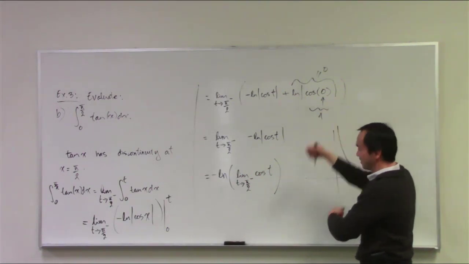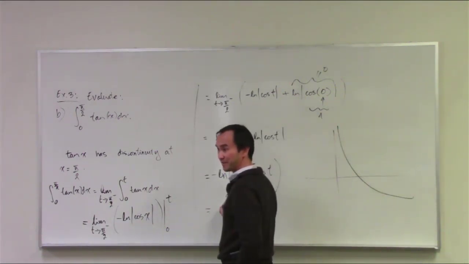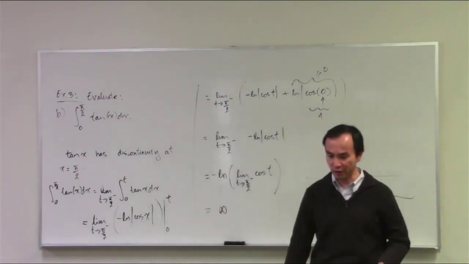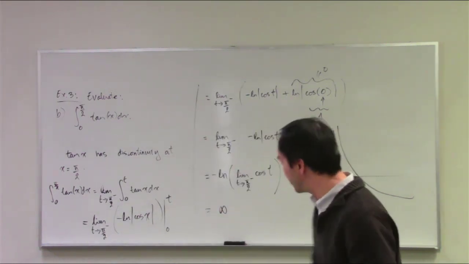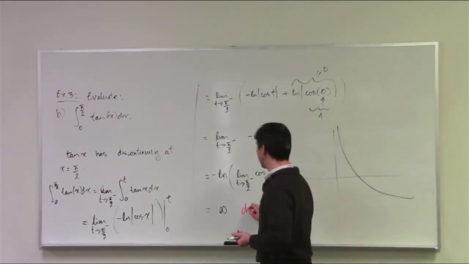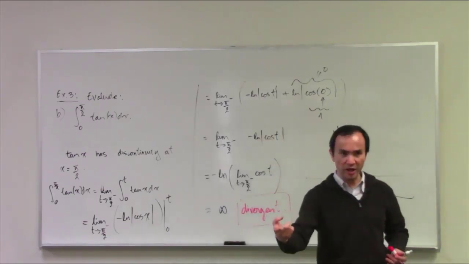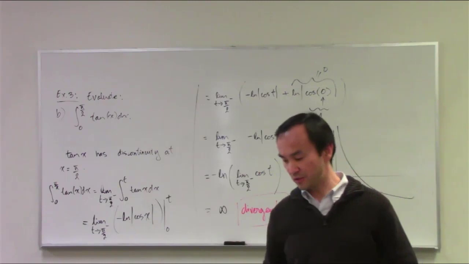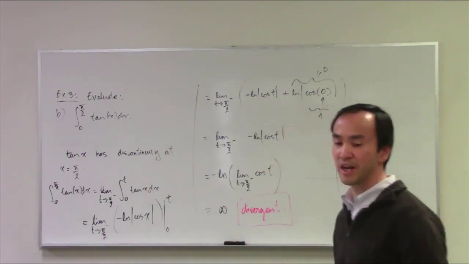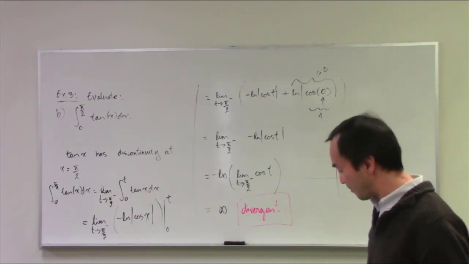See what I'm saying? So here we have another divergence. This integral, we came to an infinite limit. I'm saying that our integral here is divergent. So we set out the calculation, and also we were able to determine that the integral was a divergent integral. Okay.